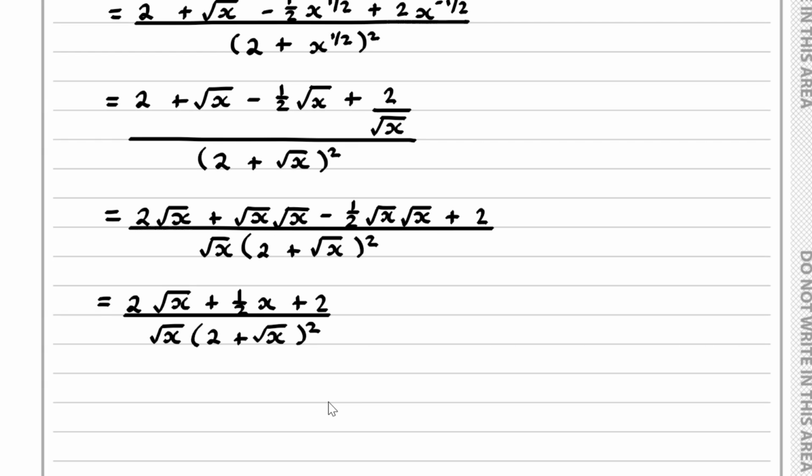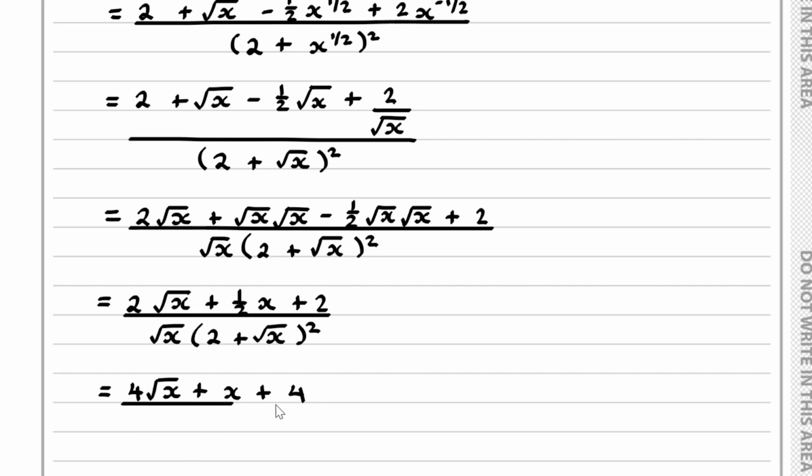So now, if we attempt to tidy this up, what we would have to do now is multiply through by 2 on the top and bottom. So we're going to have 4 times square root x plus x plus 4.